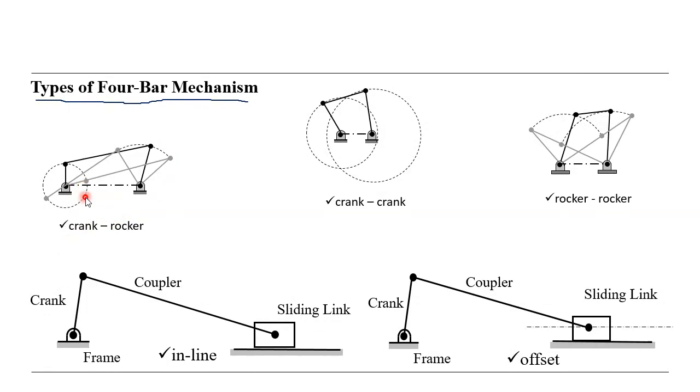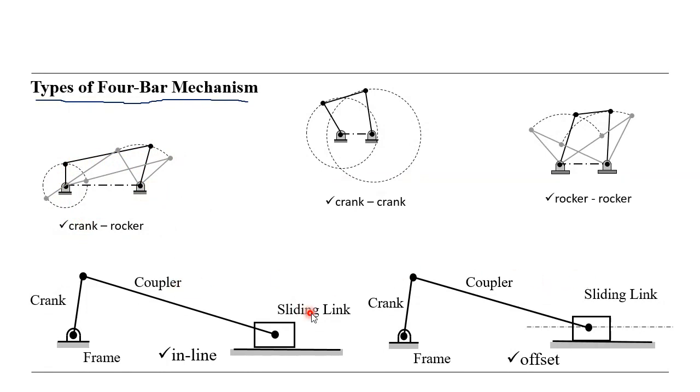During the crank's 360 degrees, that means a full rotation, the rocker, I mean the follower, undergoes rotary motion in a certain limit. Therefore we call it a rocker, and this is the crank.